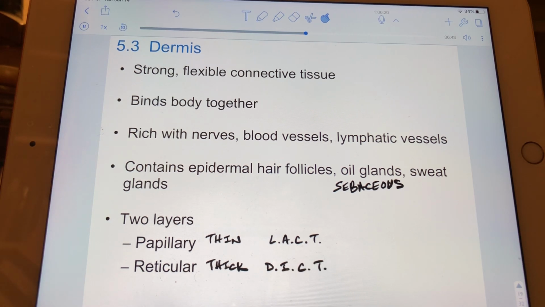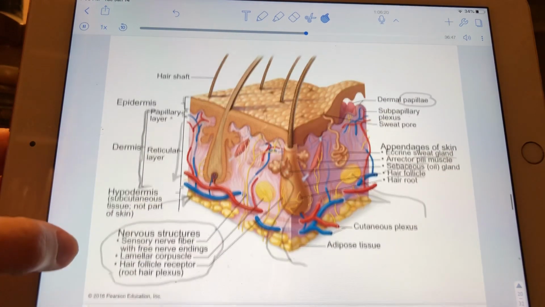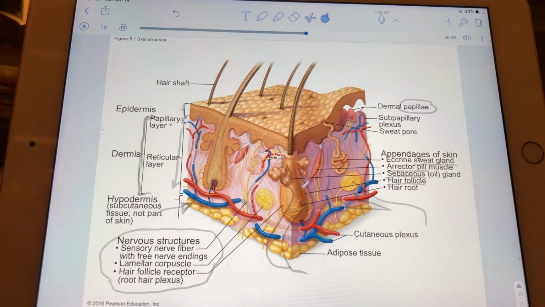Okay. On slide 20, we're seeing that image that we saw early on again, but this time it's hyper-labeled so that we can see a little bit more of how busy the dermis is, how many accessory structures there are housed in the dermis.